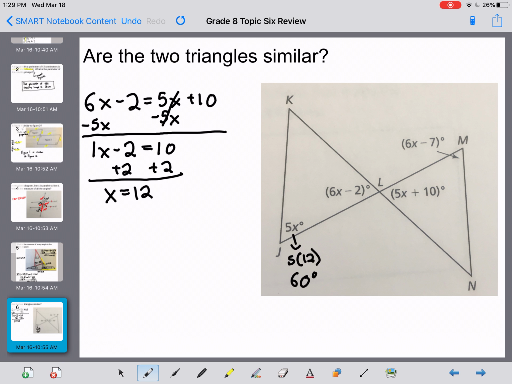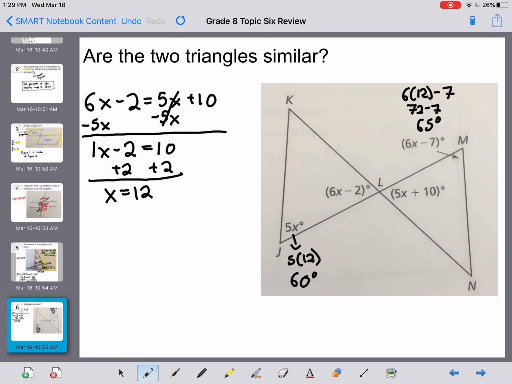So angle J is 60 degrees. I can use that same x to substitute into the 6x minus 7. 6 times 12 minus 7. 6 times 12 is equal to 72. And 72 minus 7 is equal to 65 degrees.